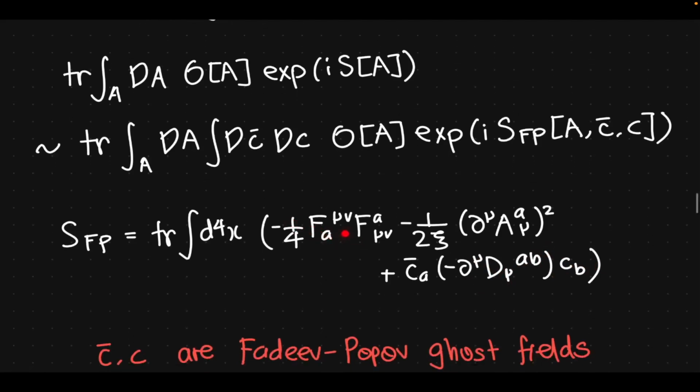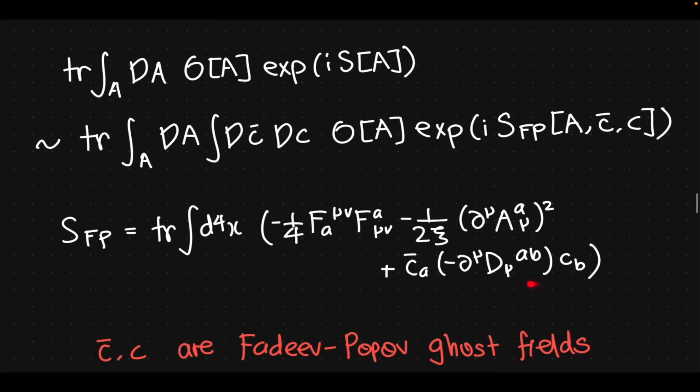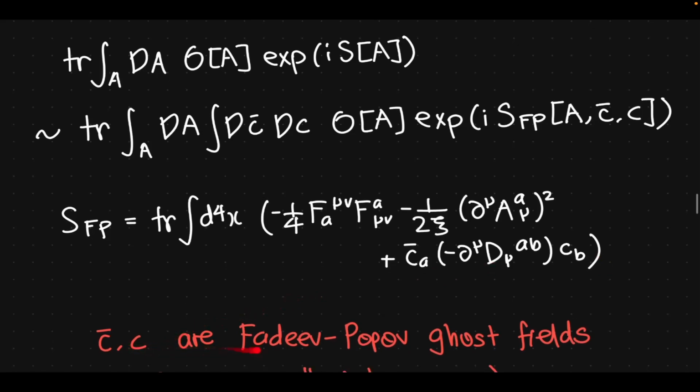So the first term was the field strength of the gauge field term, which we started with. This is coming from the delta, from the gauge fixing condition. And this third term involves c bar and c, which I should mention are Faddeev-Popov ghost fields.